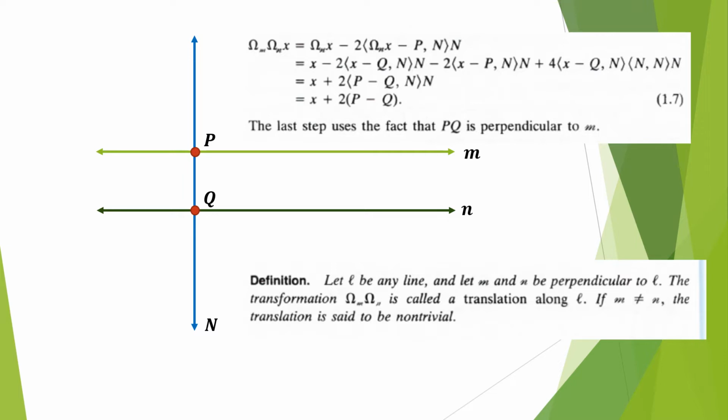That would be equal to x plus 2 times (P minus Q). The last step uses the fact that the line PQ is perpendicular to N, and since M and N are parallel, the perpendicular line PQ is also perpendicular to M. So by definition: let L be any line and let M and N be perpendicular to L. The transformation of ω_M and ω_N is called a translation along L if the lines M and N are not equal.